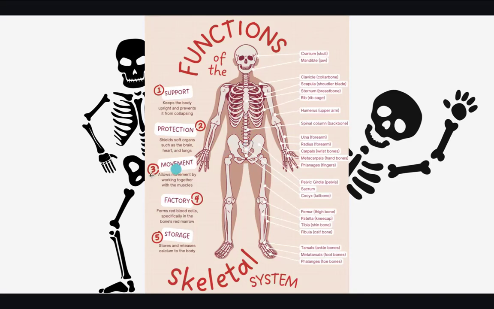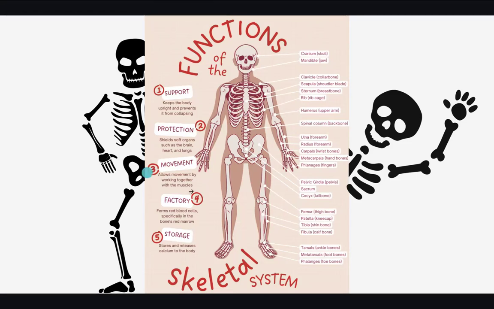Another function is coordinated with the muscular system, because movement or locomotion allows us to become more mobile. So that is the mobilization function, and it works hand in hand with our skeletal muscles.